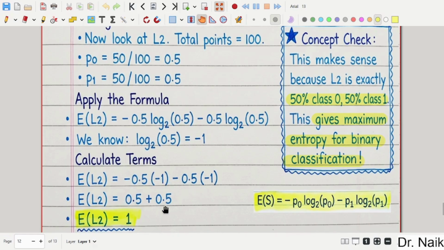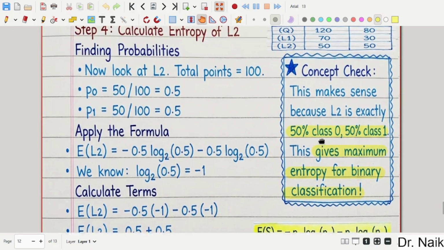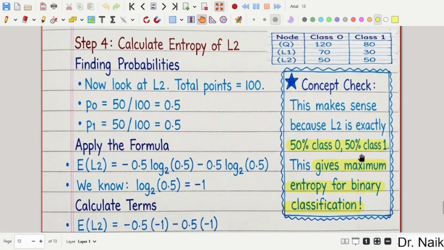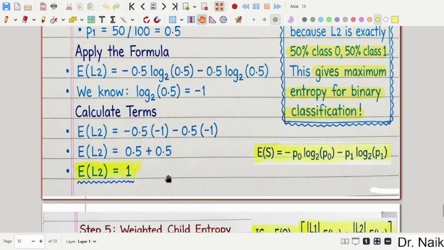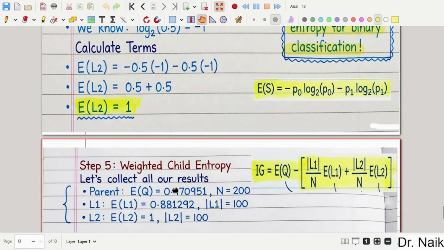So it is 0.5 plus 0.5. So entropy of L2 is 1. This makes sense because L2 is exactly 50% class 0 and 50% class 1. Look here, we have 50 data points that belong to class 0 and 50 data points that belong to class 1. Therefore 50% belong to class 0 and 50% belong to class 1. So this gives the maximum entropy for binary classification, that is 1. We know that the entropy ranges between 0 and 1.